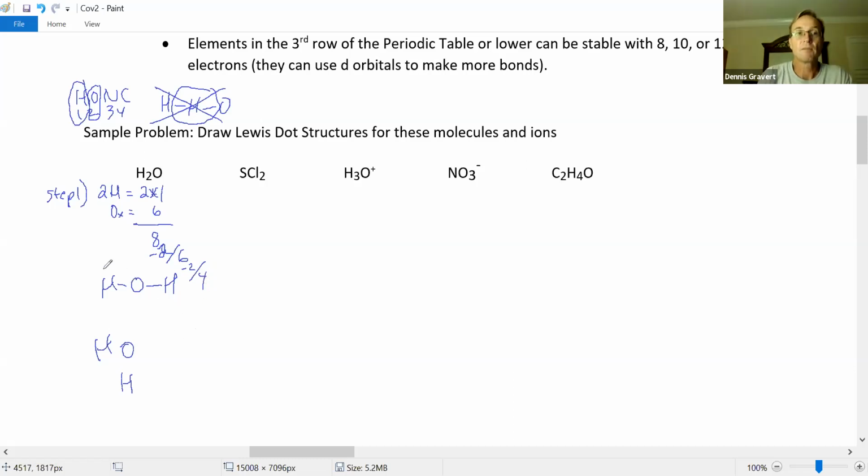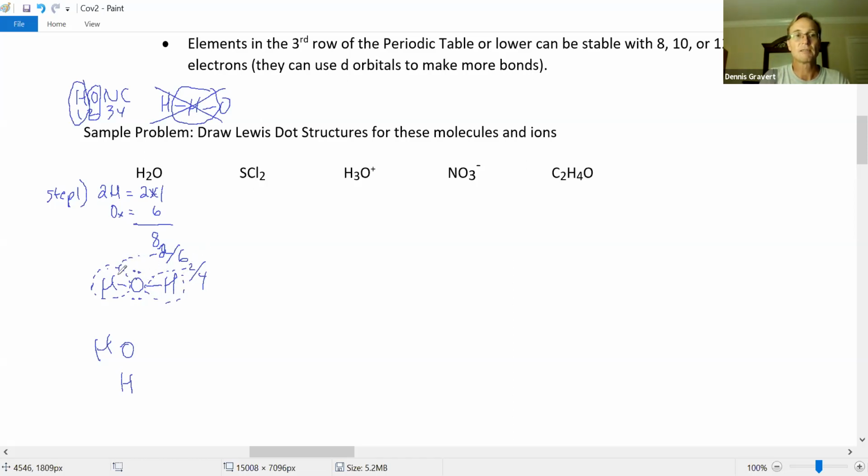Step 3, give electrons to the outer atoms until they have an octet. Well, hydrogen just satisfied the duet rule. It's good with these 2 dots. Step 4, dump the rest, 4 electrons, on the central atom in pairs. And I'm done. But check and make sure everybody's got an octet. Hydrogen, how you feel? Good. It's seeing 2 dots. So is this hydrogen.